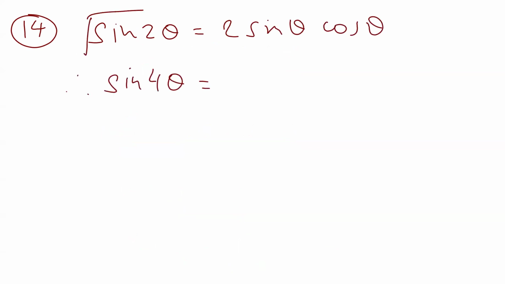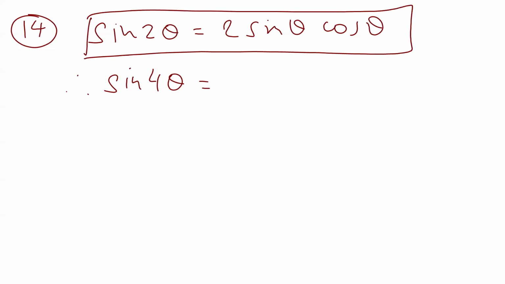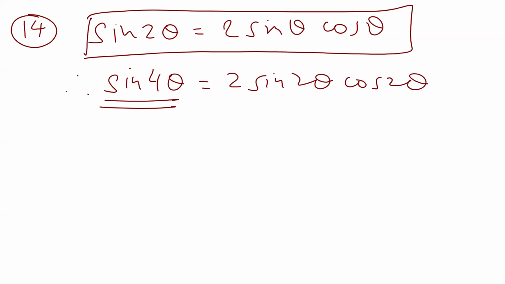What is sine 4 theta? Sine 4 theta is equal to 2 sine 2 theta cos 2 theta, right? They are asking sine 4 theta in terms of 2 theta. That we have done. Now, same way, sine 4 theta has to be expressed in terms of theta, right?